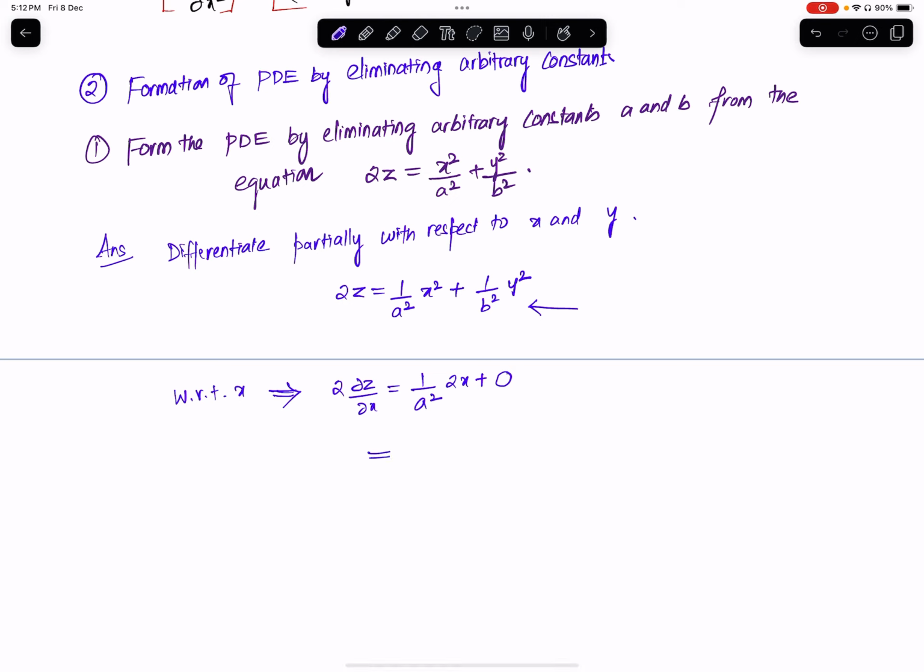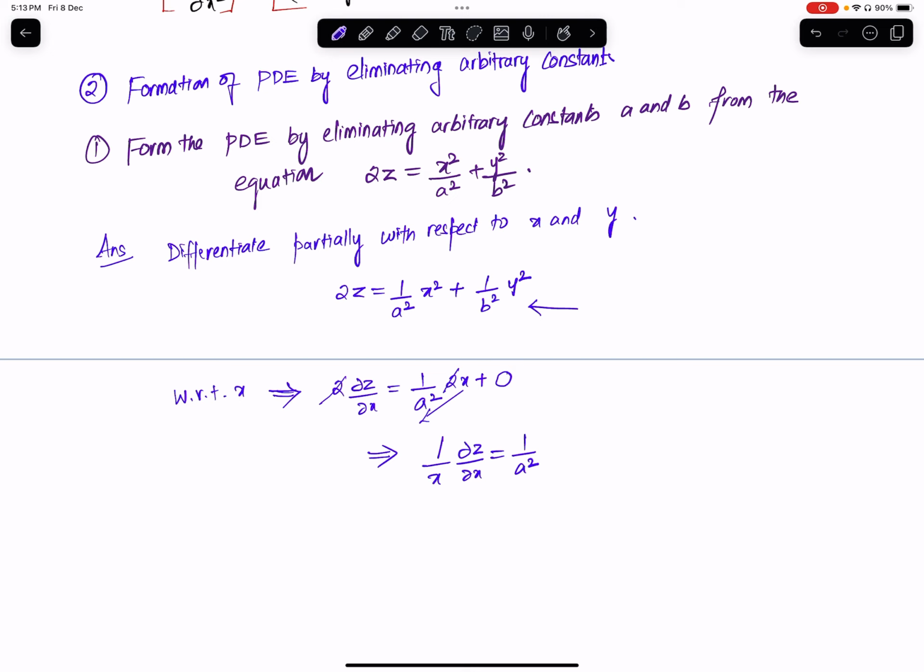What do you get now? Here you can cancel 2 on both sides and you can bring the x to the other side. So it will become 1 by x dou z by dou x is equal to 1 by a square. Don't forget, we have to eliminate the arbitrary constants.